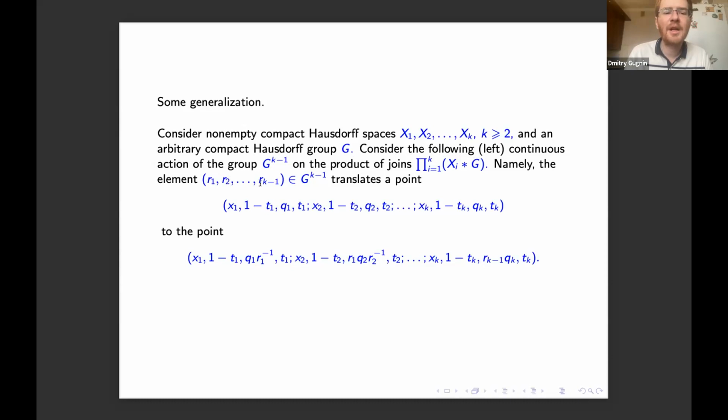namely the rotation elements translates a point where you have the first join.